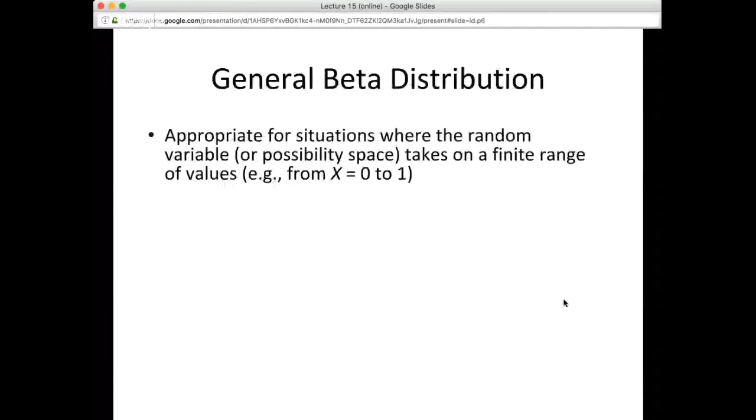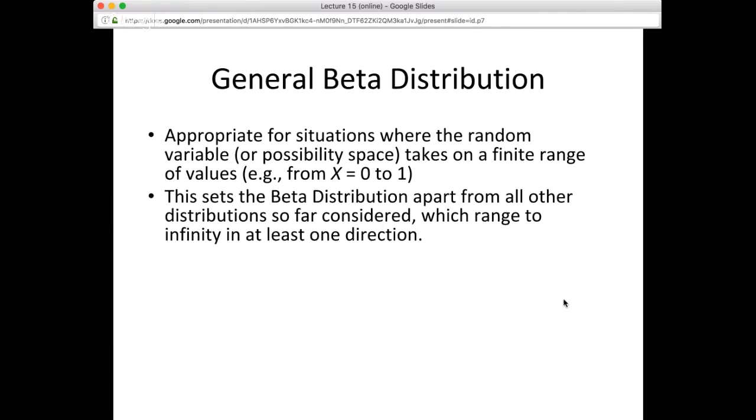Okay. So the general beta distribution is appropriate for situations where the random variable that we're interested in takes on a finite range of values. For example, the random variable might vary between 0 and 1, or say 1 and 10. Anyway, two real numbers.